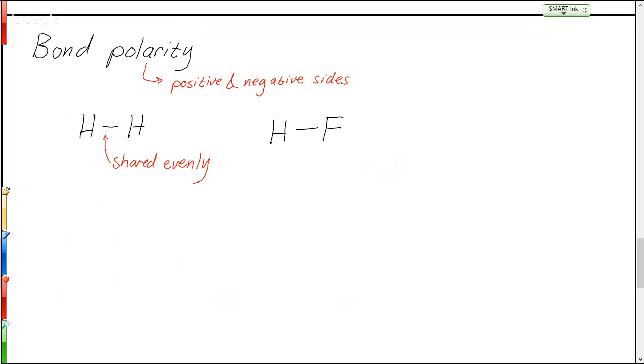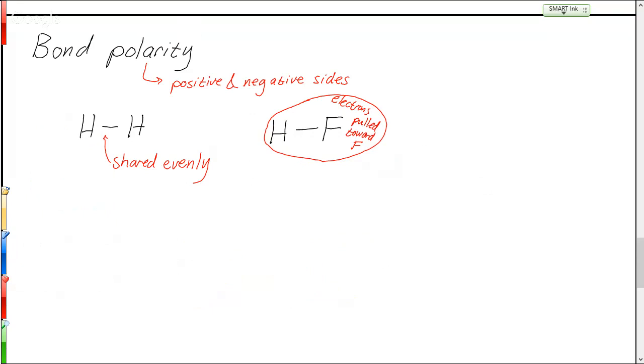In fact, they are more on the F than on the H. So if we were to draw a picture of that, it might look like this, where the electrons are pulled toward the F. So in that symmetric HH, they're shared evenly. In the HF, the electrons are pulled toward the F.